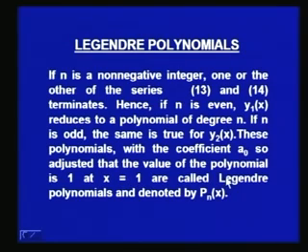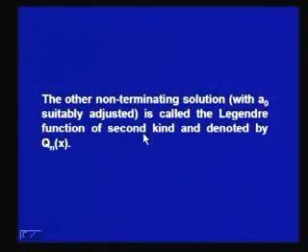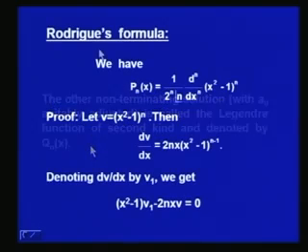Then the polynomial will be called a Legendre polynomial, and it will be denoted by P_n(x). The other solution, which will be a non-terminating infinite series, will then be called a Legendre function of second kind, and we will be denoting it by Q_n(x).